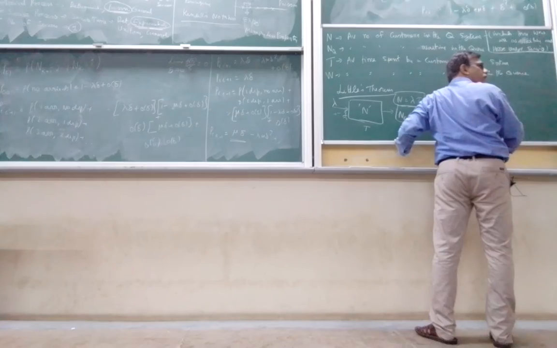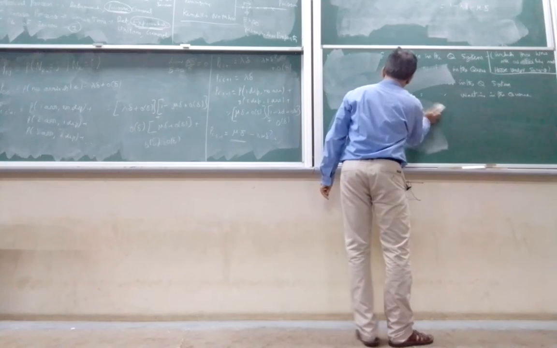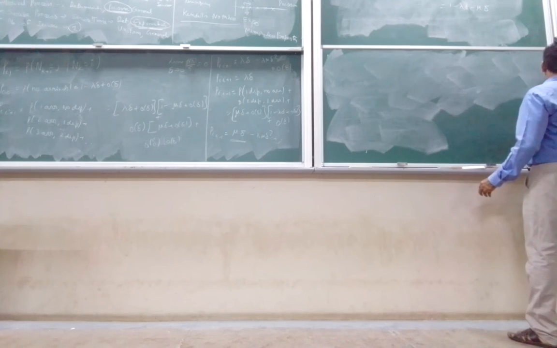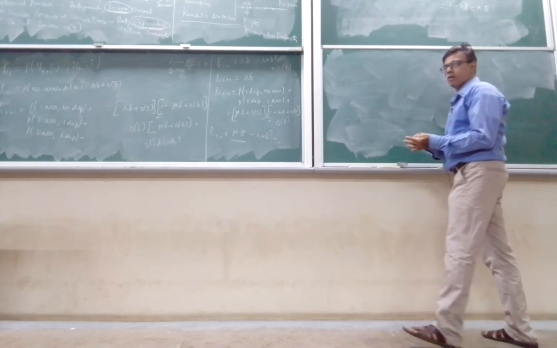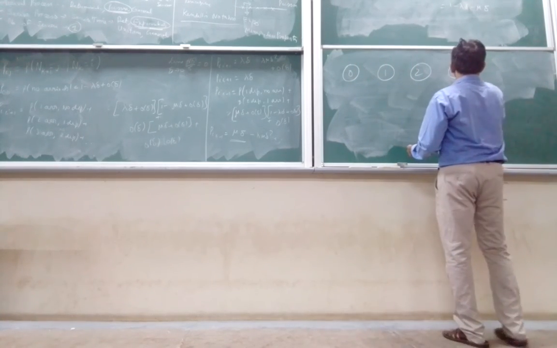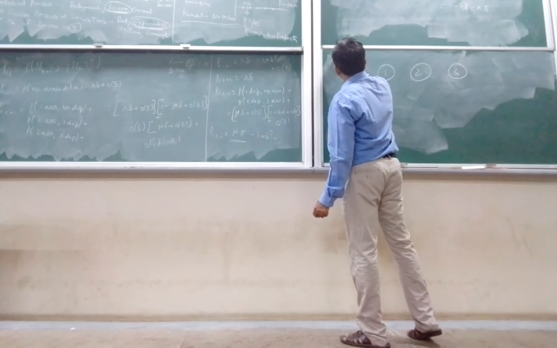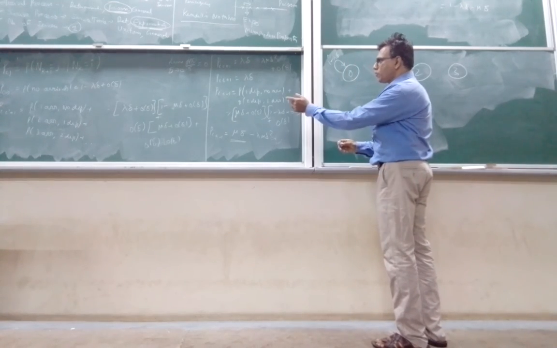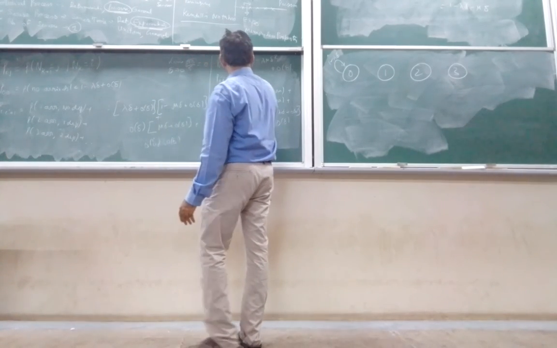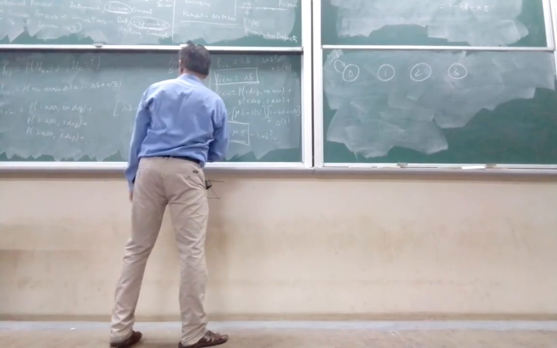Now we will draw the Markov chain. P00 is 1 minus lambda delta, and I to I plus 1 is lambda delta. You can see that I have derived I plus 1 is lambda delta, and I minus 1 is mu delta.